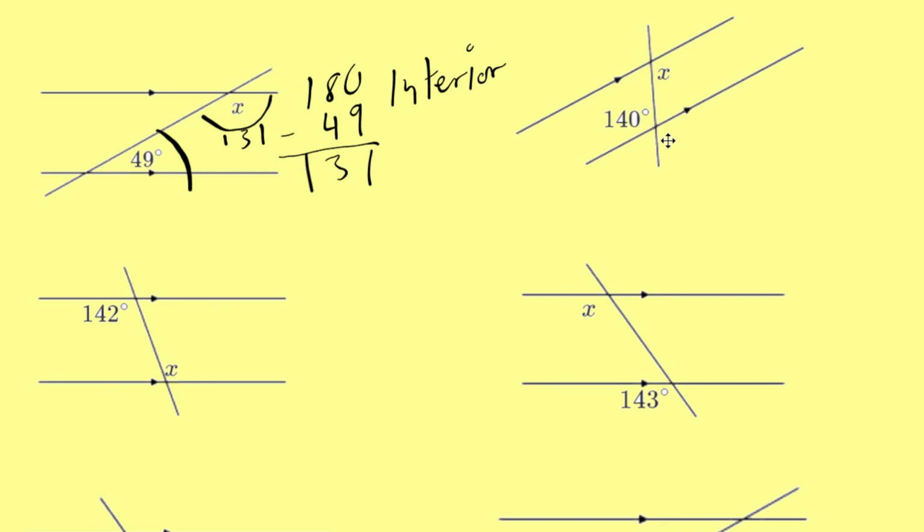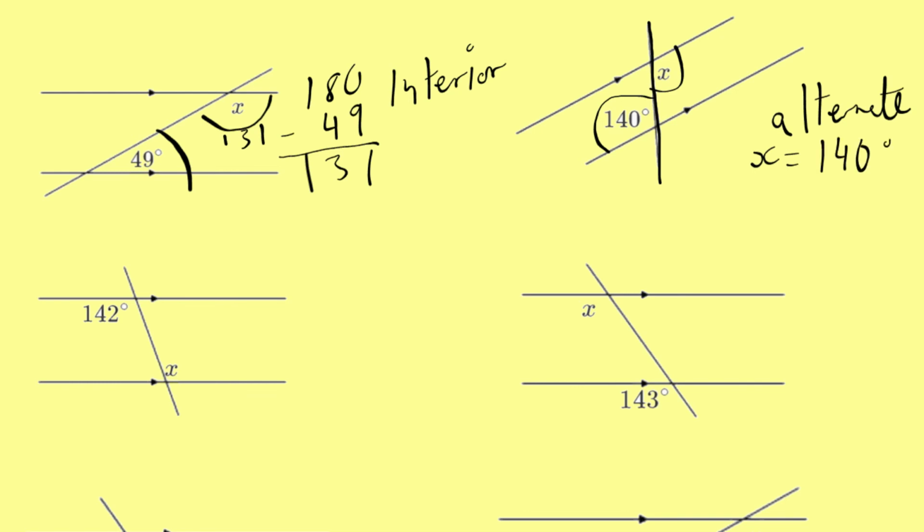Okay, this one over here. So here's our line that goes through. If we look at the two angles, we've got one on this side and one on this side. So if on different sides, we said they are called alternate. And they are equal. So x here is going to be equal to 140 degrees.